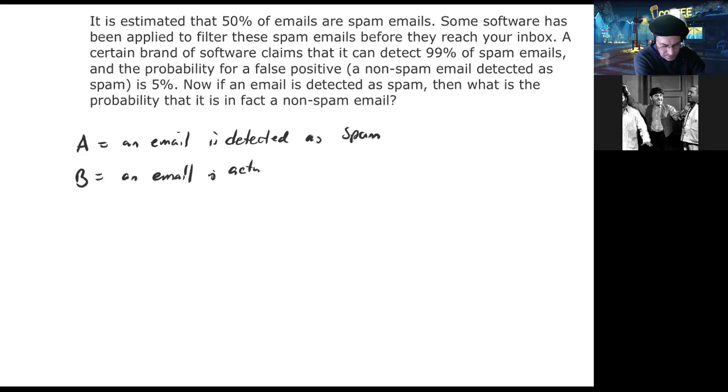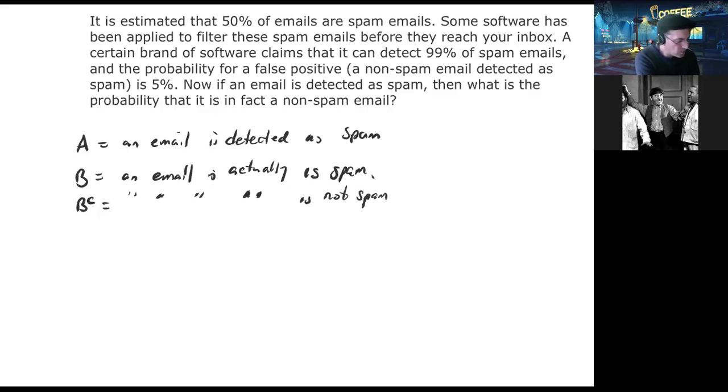It really is spam. So what is B complement? That is, an email is "not spam." So these are quotation marks in case it didn't look that way.